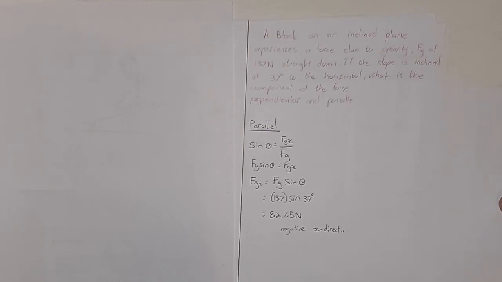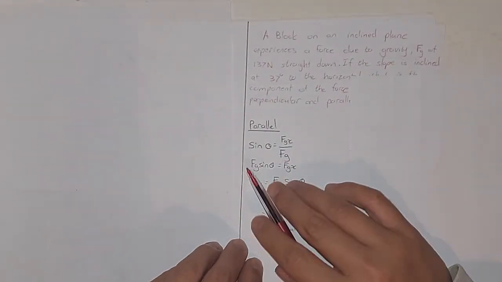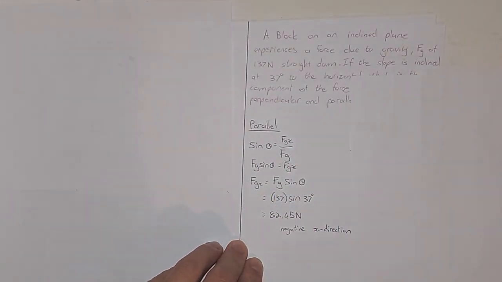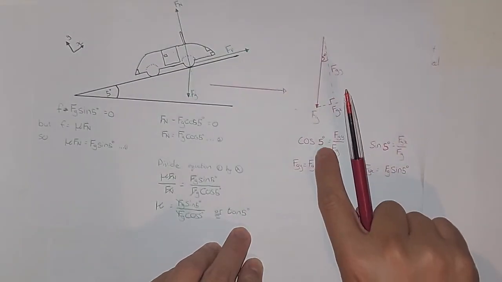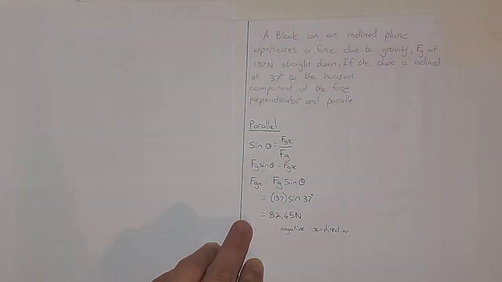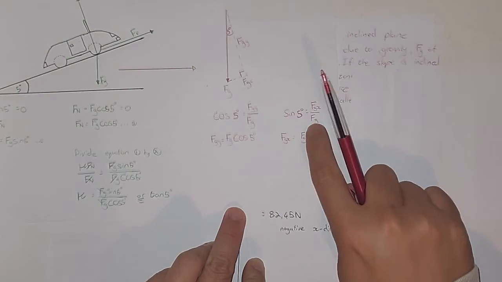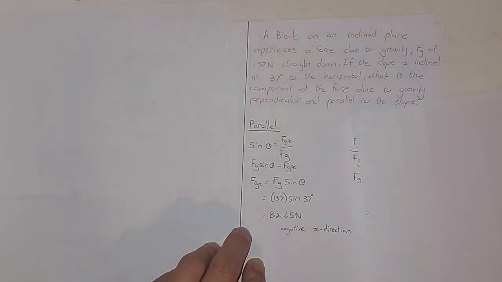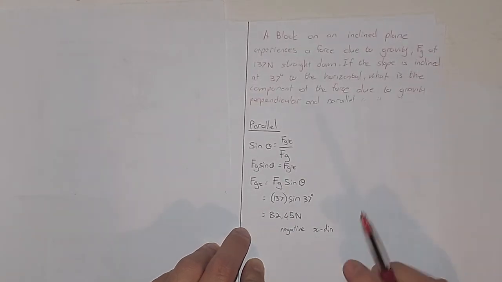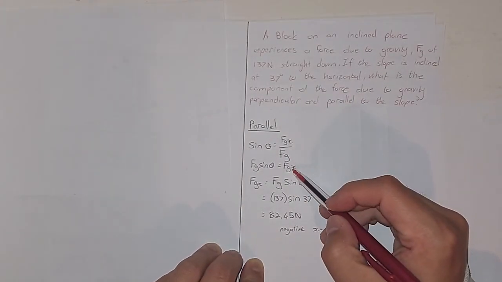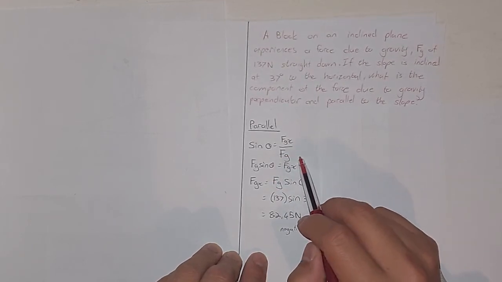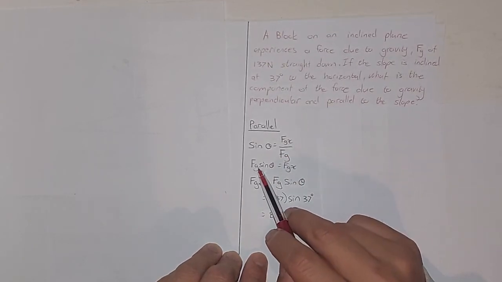So let's look at my parallel first. Right, looking at my parallel, this over here is the formula that you have started off with. So I'm looking at parallel first, which is this one here, parallel to my surface. I'm solving for FGX, this value over here. So you can see I've just multiplied by my FG on both sides. There it goes.